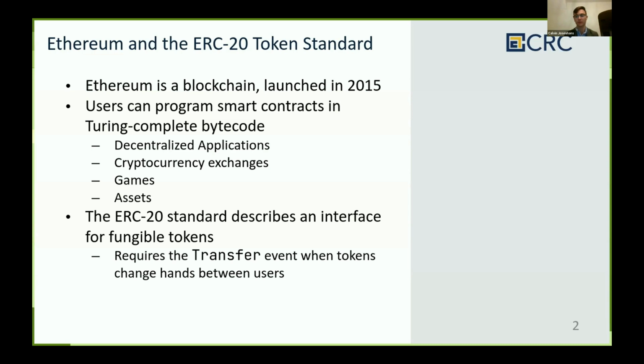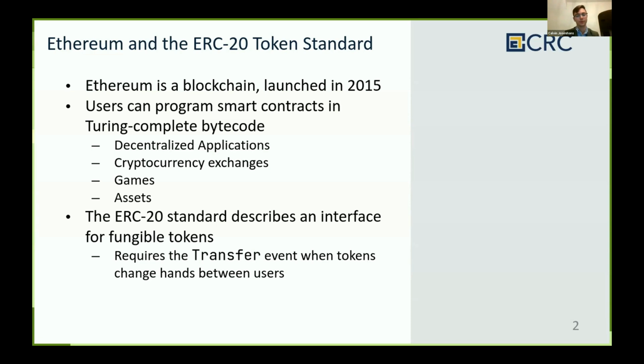That makes it easier for users and applications to interact with these tokens. Here, fungible just means that there's no difference between any two tokens, much like if I have two different dollar bills, there's no significant difference between them.